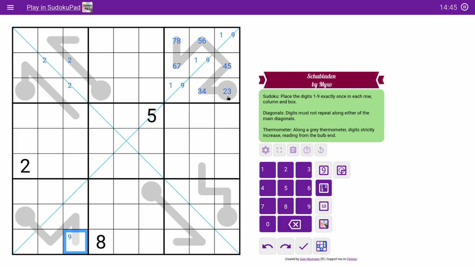9 in this box, and 1 in this box. Okay. Suppose this is a 2. Now where is 2? Here, here, here, here.